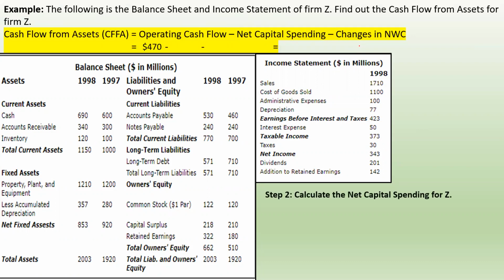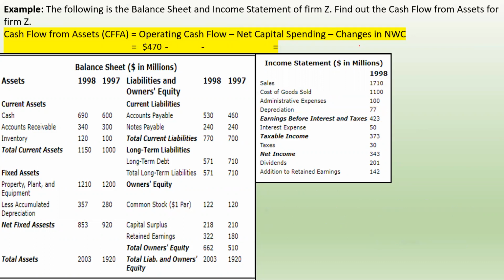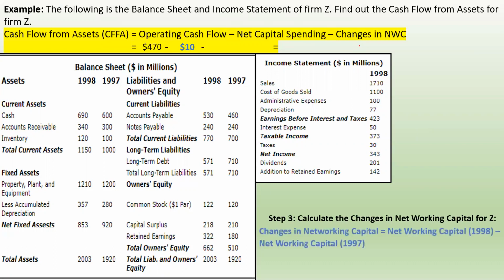The second step is to calculate the net capital spending, which is the ending net fixed assets minus beginning net fixed assets plus depreciation. It's $10. The third step is calculating the changes in net working capital.